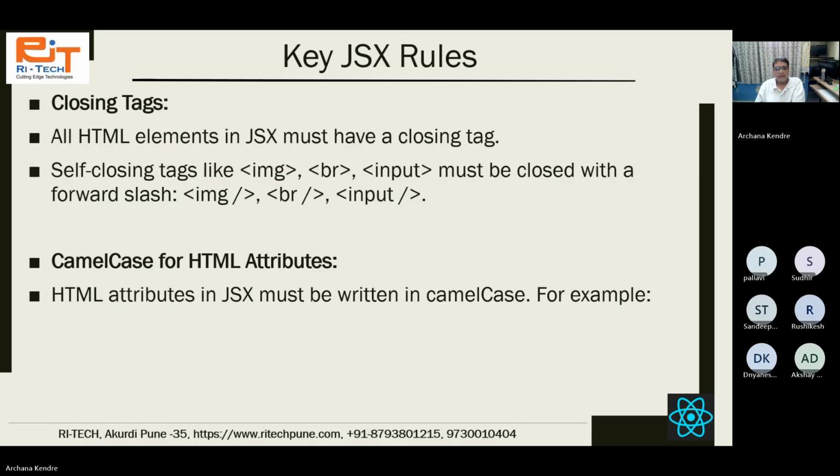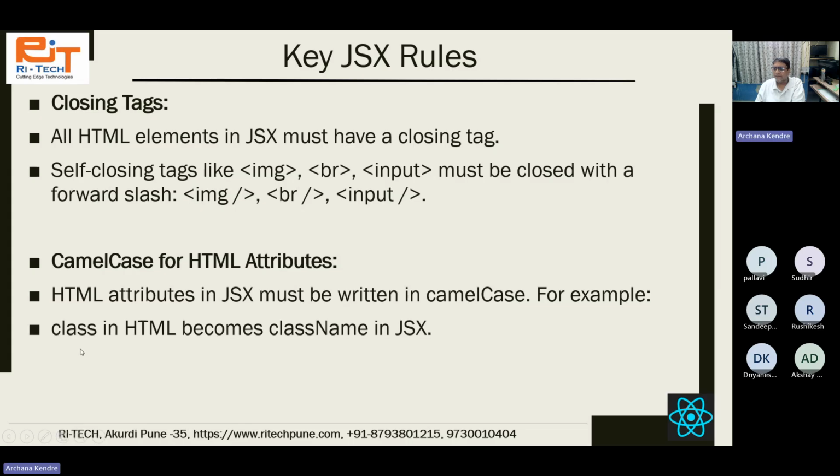Now, the next rule that we have is class. Class in HTML becomes className in JSX. The class attribute in HTML, if you use it in JSX, will not give an error, but it will give a warning.